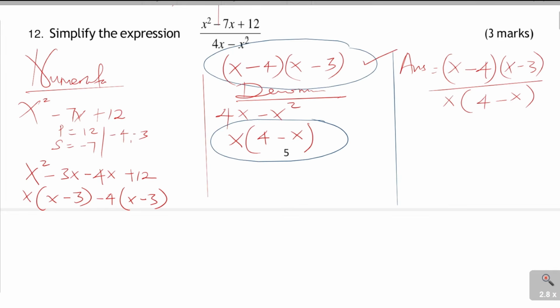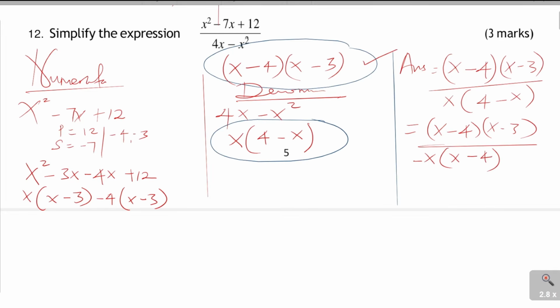Now when you look at what we have in the numerator and the denominator, nothing can divide out, but we can modify the denominator and write it like this. So the numerator remains like that. But for the denominator, we can factor out negative x. And when we factor out negative x, we shall have x subtract 4.